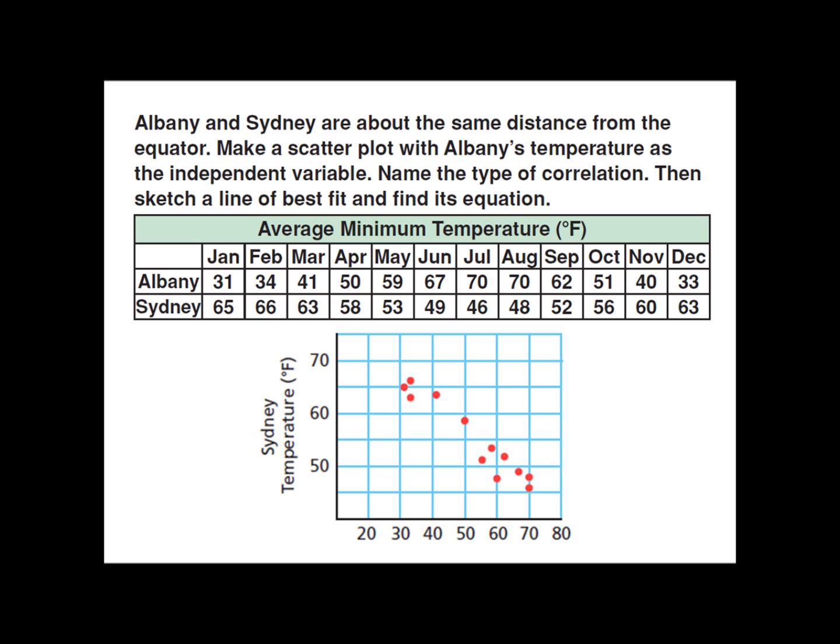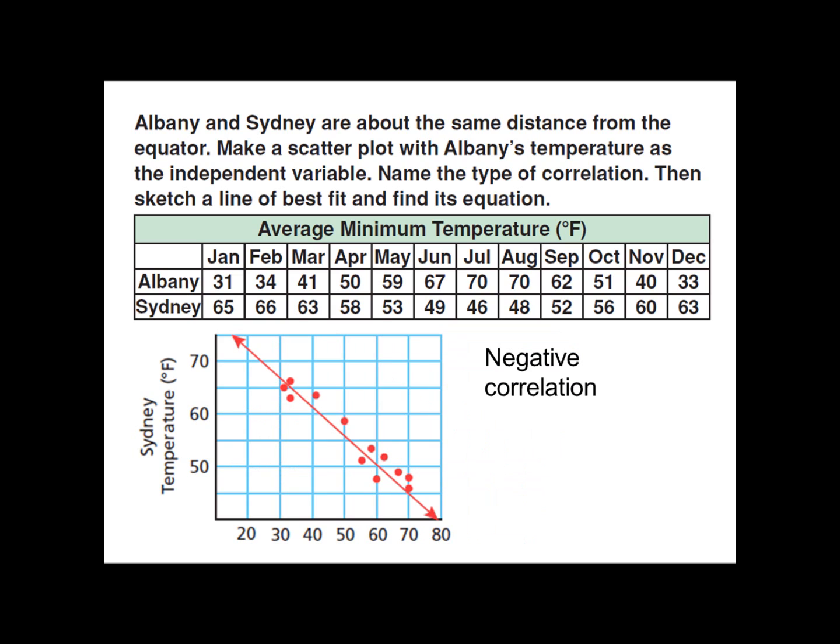Now, does it look like there's some sort of correlation? Well, yeah, it looks like the line has a negative slope, so it's a negative correlation. Now we're going to go ahead and try to find the equation for this line. Again, you're not going to see me choose points that are actually from the data table. I'm going to choose points that are on my line.